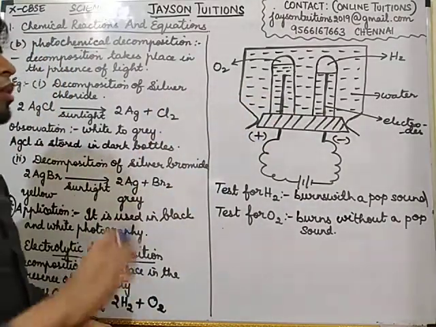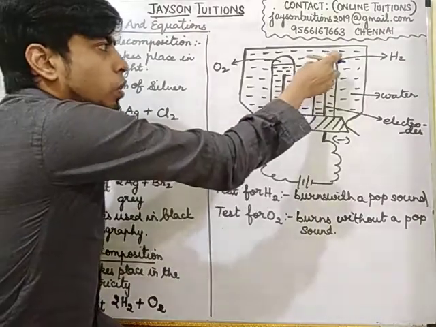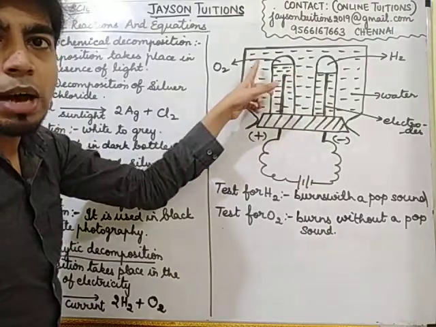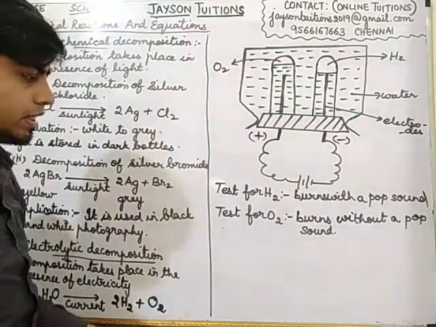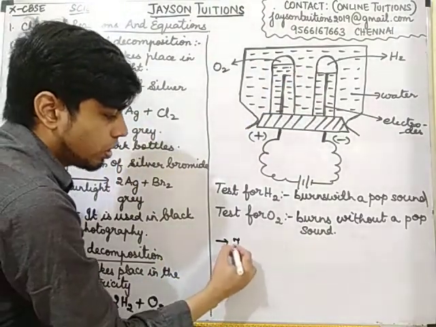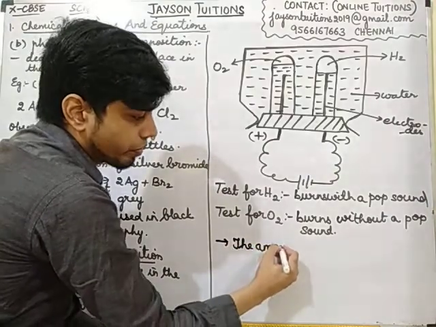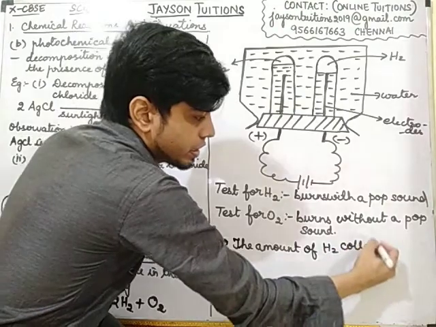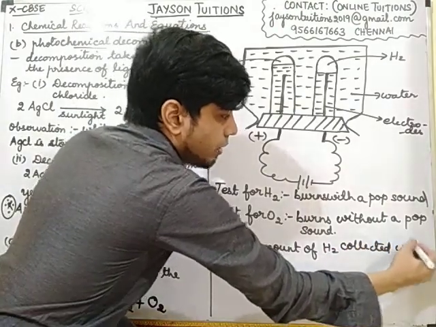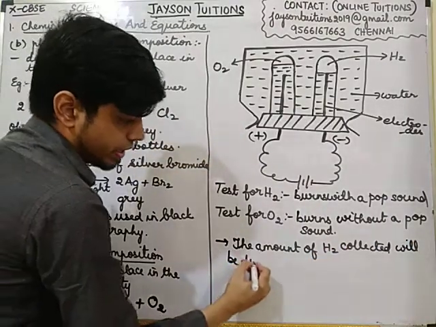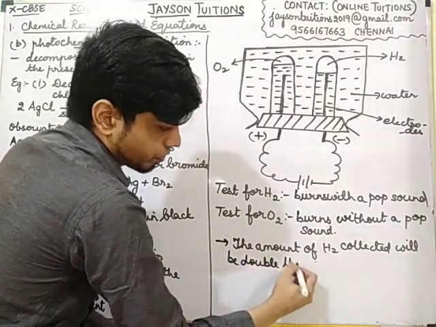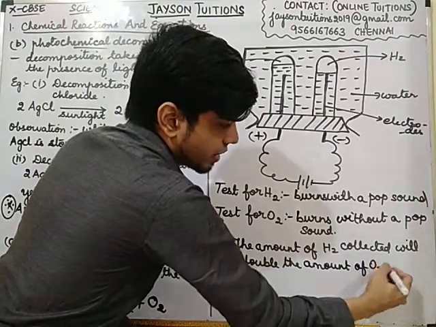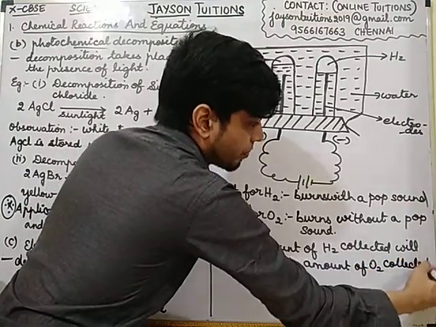Now you can see that the amount of hydrogen collected will be more than the amount of oxygen collected. The amount of hydrogen collected in the test tube will be double the amount of oxygen collected in the test tube.